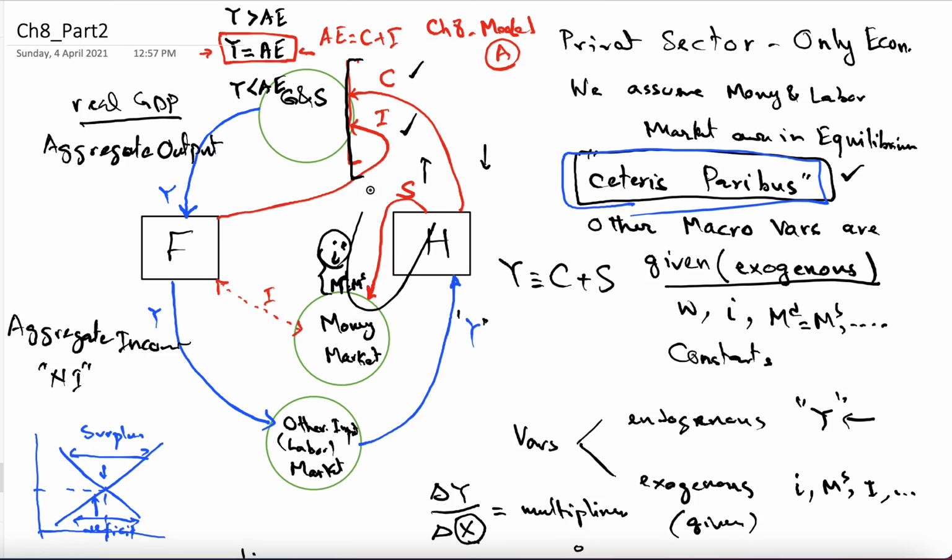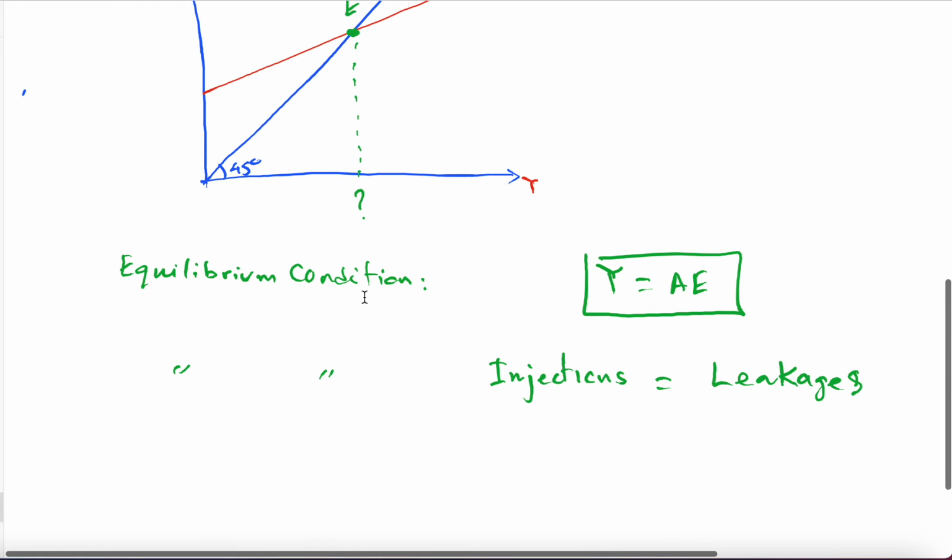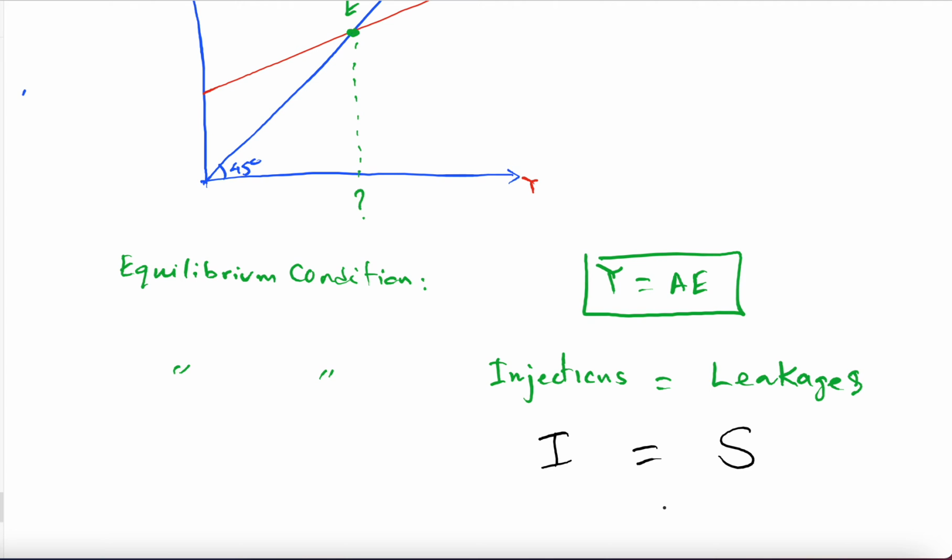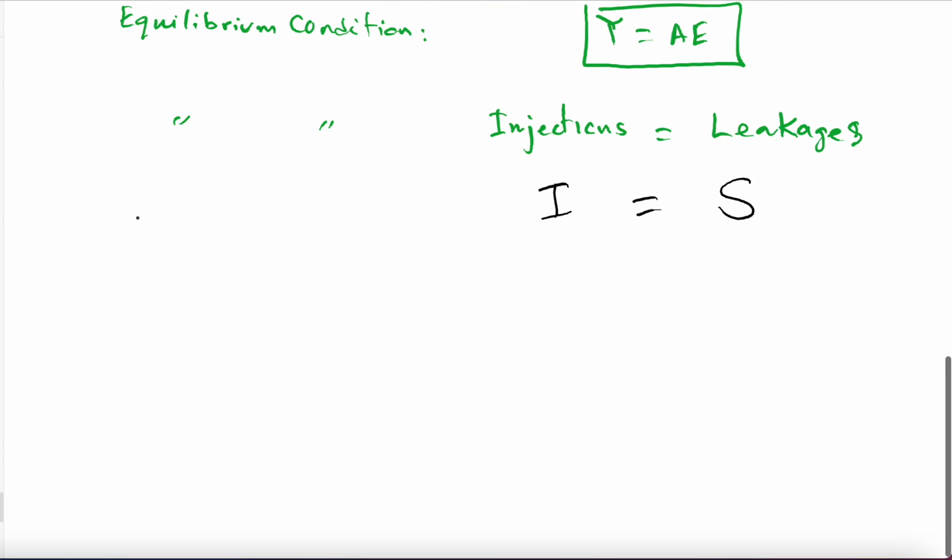The leakage is only this, so this is a leakage, and the I is going to be the injection only, because there's no government, no import, no export. So the equilibrium condition with this is, what is the injection is the I, what is the leakage is the S.